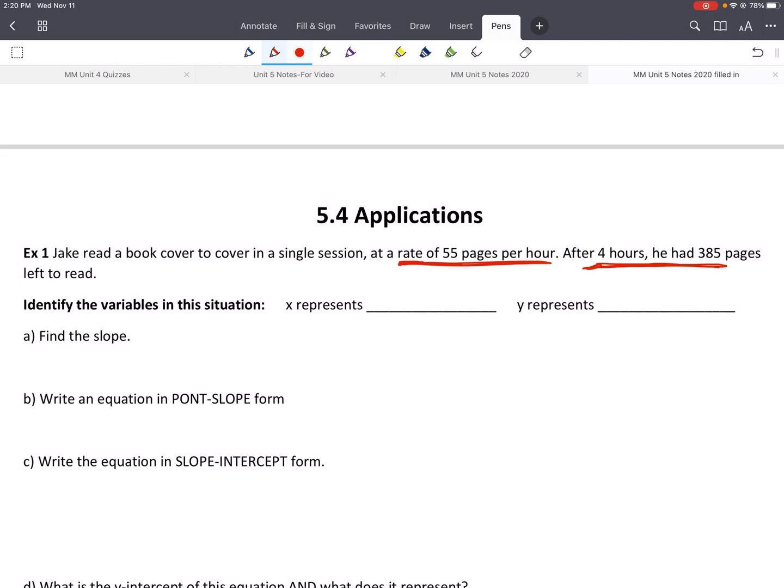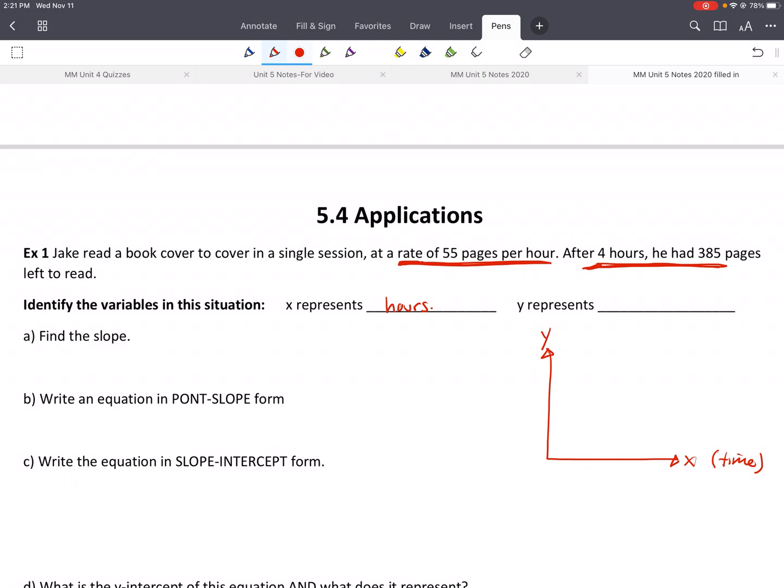First it says identify the variables of the situation. What does X represent and what does Y represent? Remember, always, X will be time if time is available. Sometimes it's not, but most of the time it's time. So here, X represents your hours.